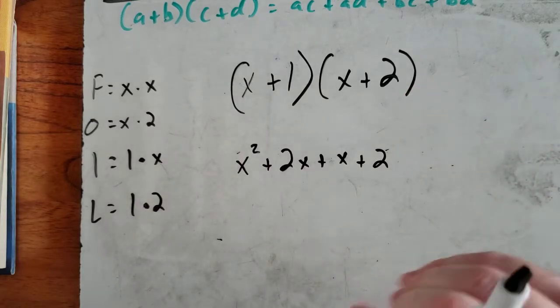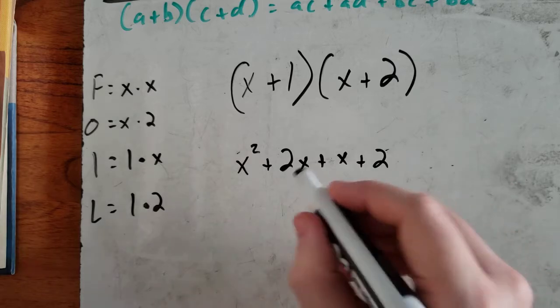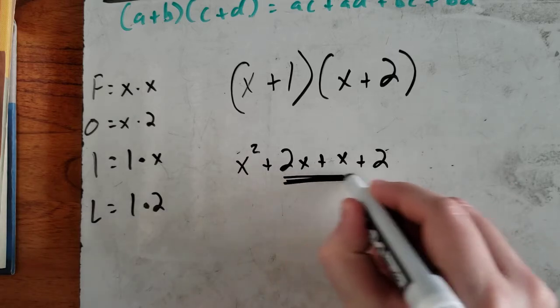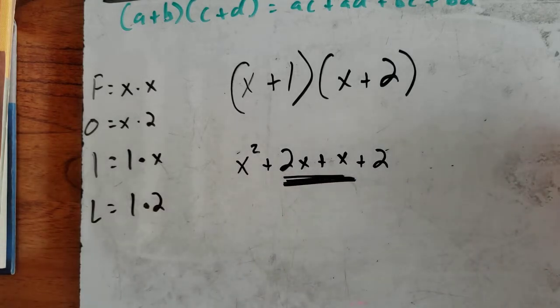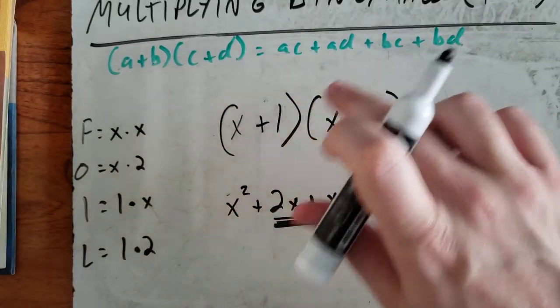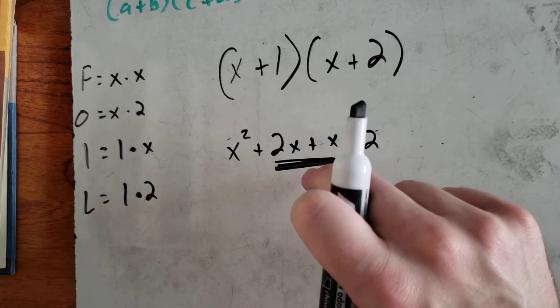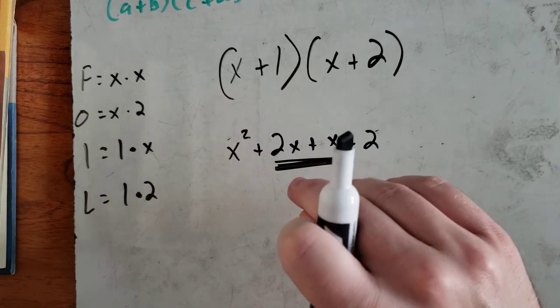Now, before we say we're done, we have one more thing we do. We always have to combine our middle terms here, okay? So that's the second step of this whole thing. First step is to get through the FOIL business, multiply everything like we did up here, multiply, all right? Our next thing is to combine our two middle terms.